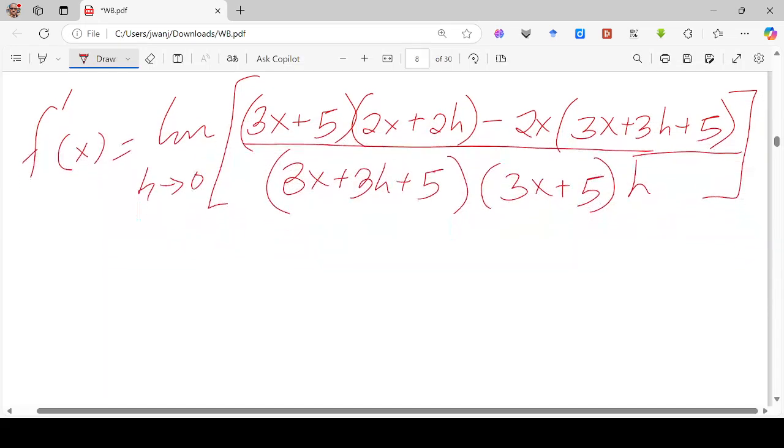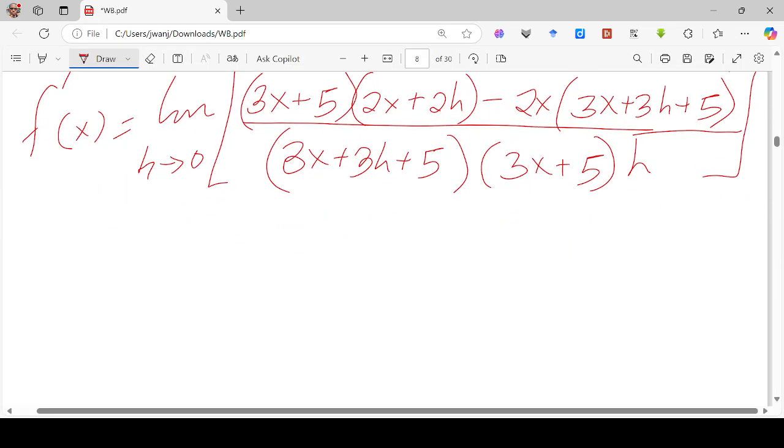Now if we expand the numerator, we multiply out the terms in the numerator, then we get the limit as h approaches 0. We can just multiply out here. So 3x times 2x would give us 6x squared.